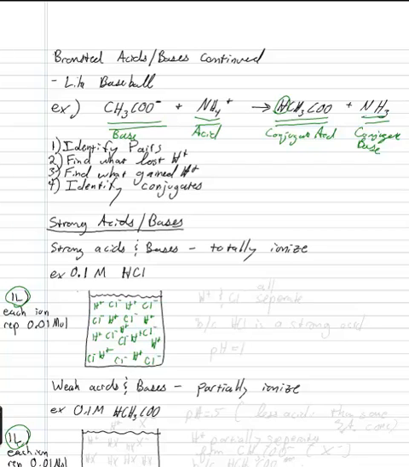So the H plus and Cl minus separate because it's a strong acid. I'm going to say all separate. And this would have a pH of 1 here. And we'll talk about those calculations in the next class.